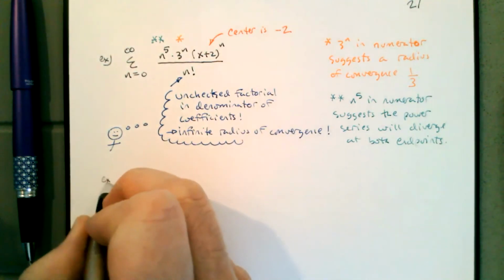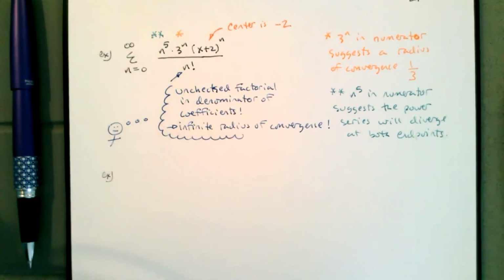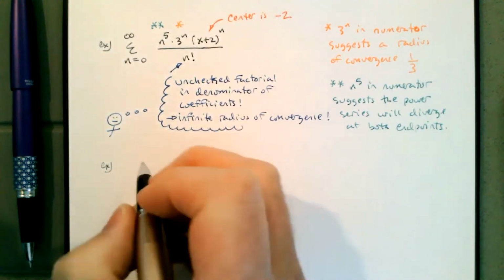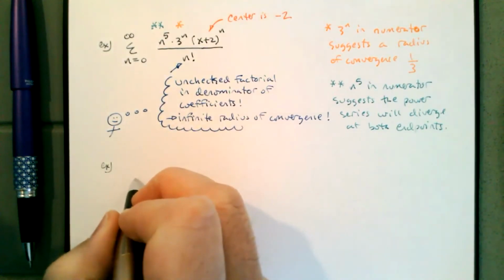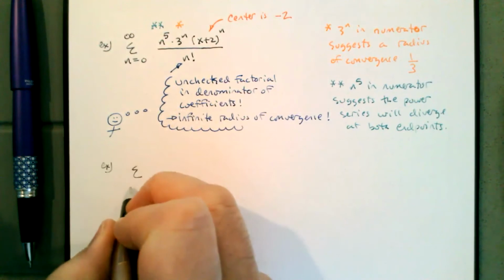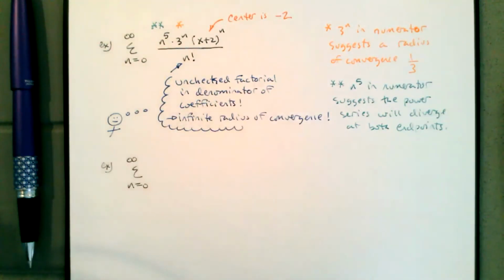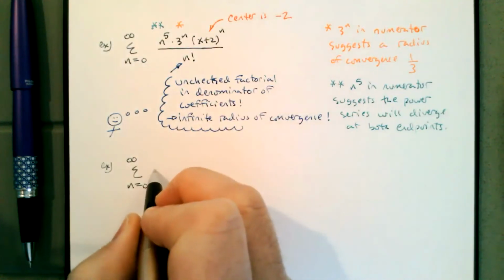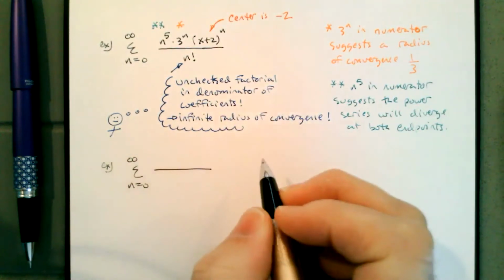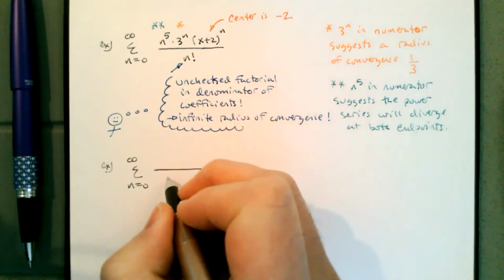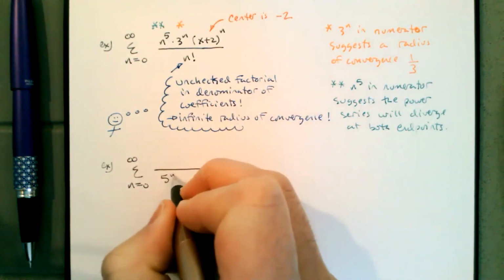Just want to take each type of factor that we see and determine what it suggests about the interval of convergence. So let's suppose we have a power series that has 5 to the n.